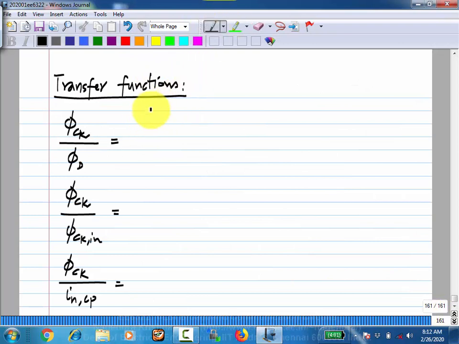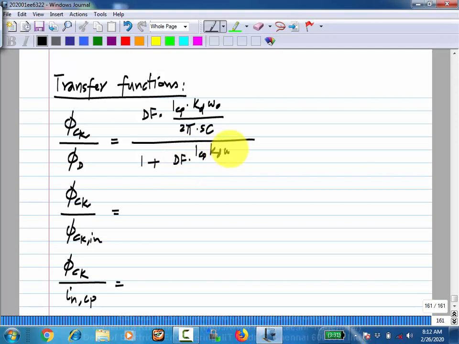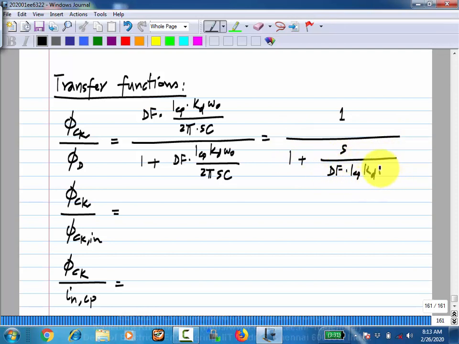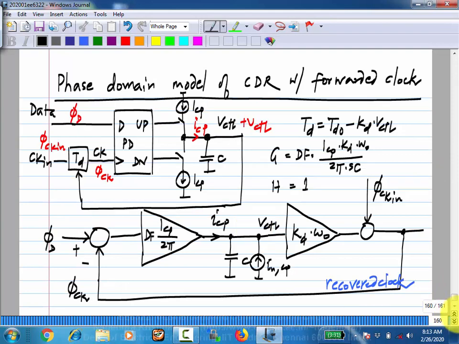So this will be density factor ICP KD omega naught by 2 pi SC by 1 plus this, okay. What will be phi ck by phi ck in? 1 by that whole thing, right?